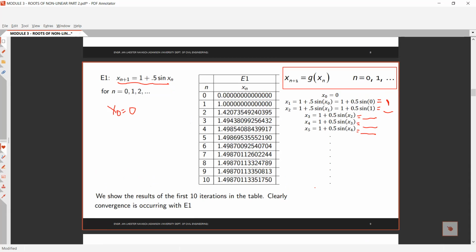For the acceptance tolerance, what you do is, when the absolute value of x sub n plus 1 minus x sub n, all over the absolute value, is less than your tolerance, you will accept your values, your roots.